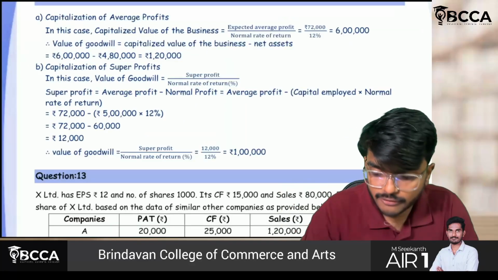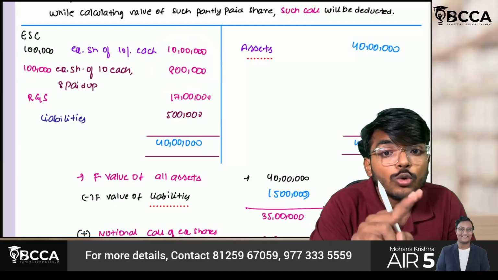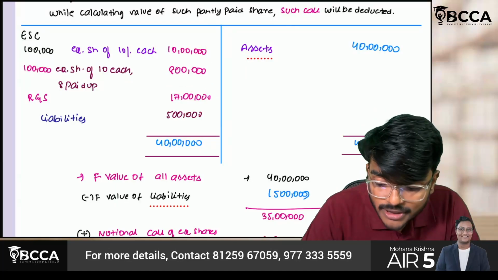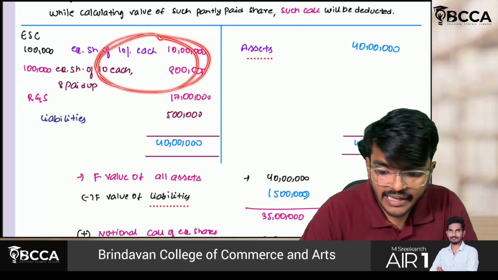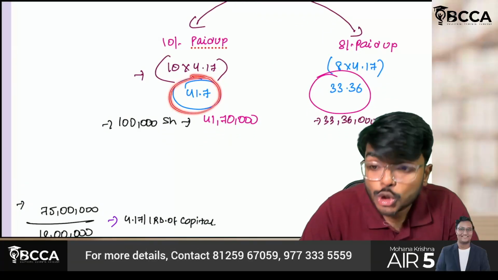Because if you observe, the difference is only 2 rupees per share, but the net asset difference is too much.